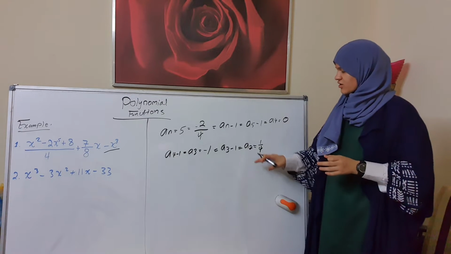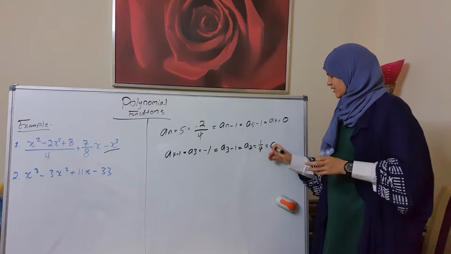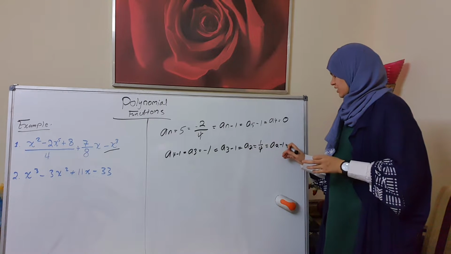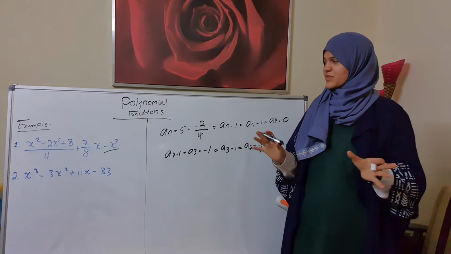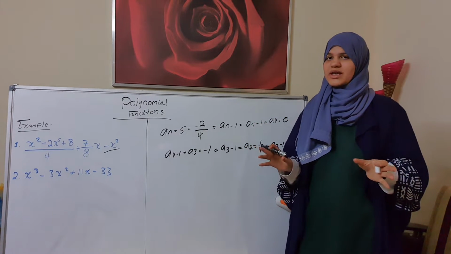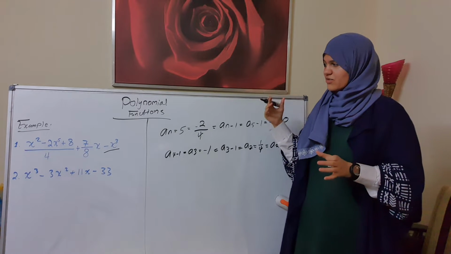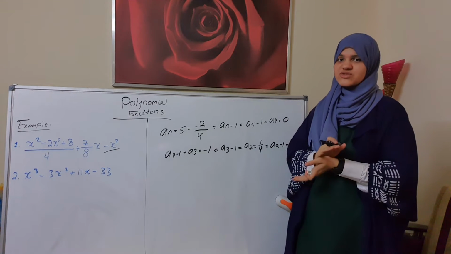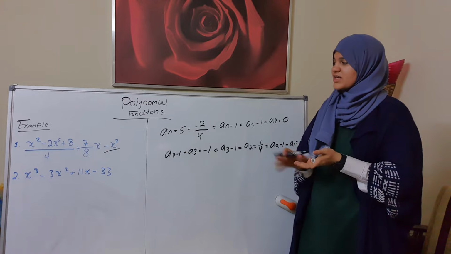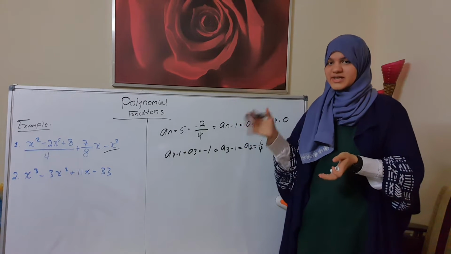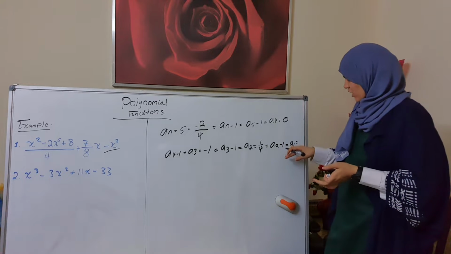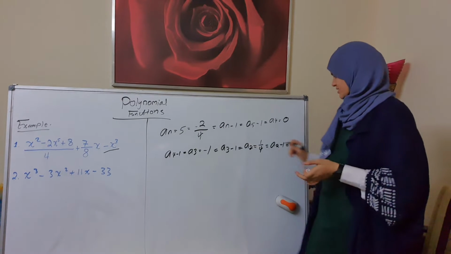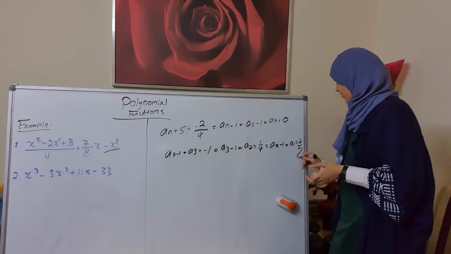Now a2 minus 1 will be a1. Do we have x only, not a squared number, not a cube number, without a power? Yes, we have 7 over 8 x, so x to the power of 1. So a1 is equal to 7 over 8.